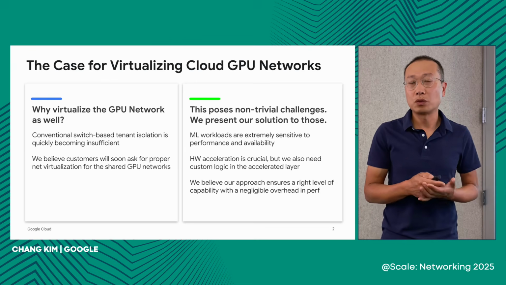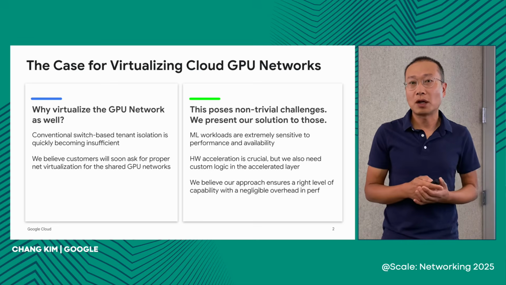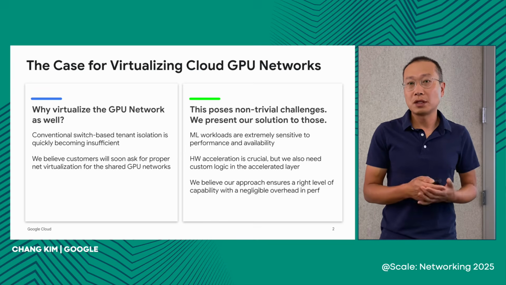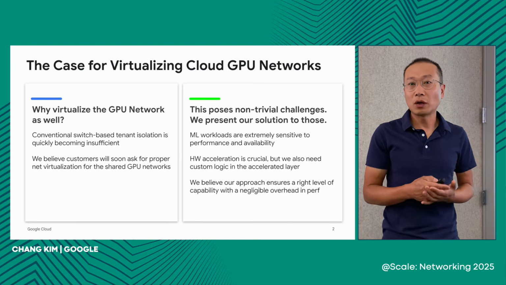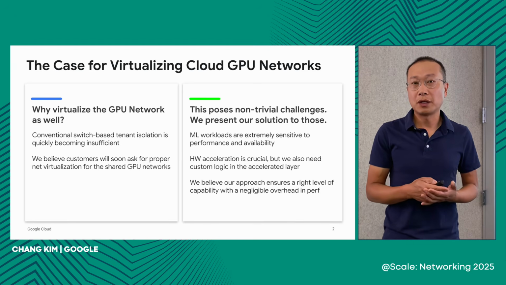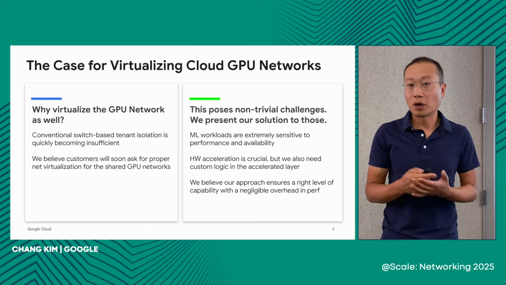The moment you lose a single GPU network connection, the whole training job needs to stop for tens of minutes, if not hours. So we have to make sure that our software releases, upgrades, and maintenance are very smooth. We're going to talk about how we're solving these problems using the accelerated network virtualization stack that we have built along with our partner.